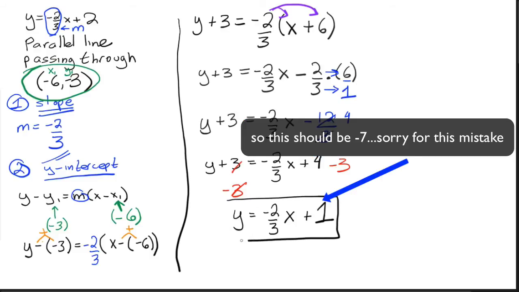And that's the equation of the line parallel to this line passing through the point -6, -3. And this has a slope of -2/3, and then the y-intercept is y equals 1, x equals 0. So I hope that helps.